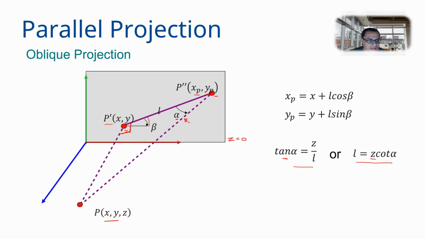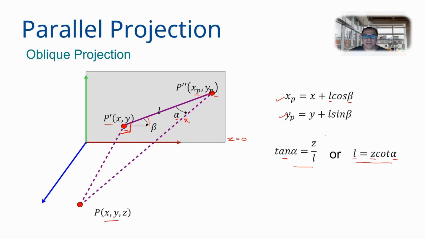So you know Z. If I give you alpha, you can compute L. Then once you know L and I give you beta, x plus L cos beta is xp and y plus L sin beta is yp.